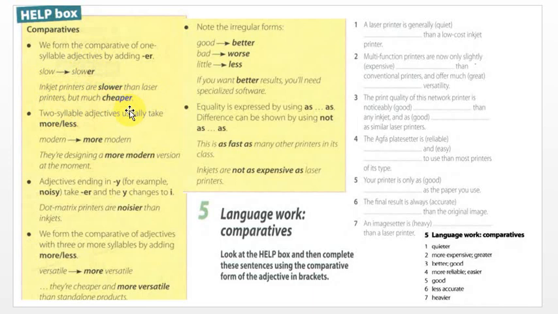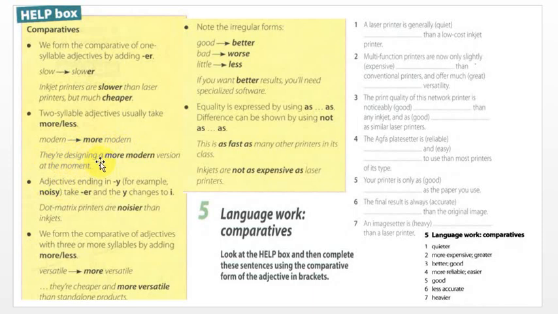Two-syllable adjectives usually take more or less. Slow is one syllable, and modern is a two-syllable adjective. More comes before this adjective and it becomes more modern.